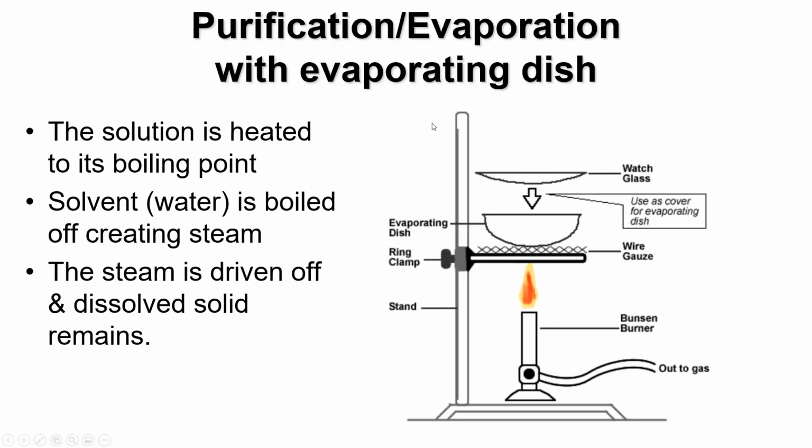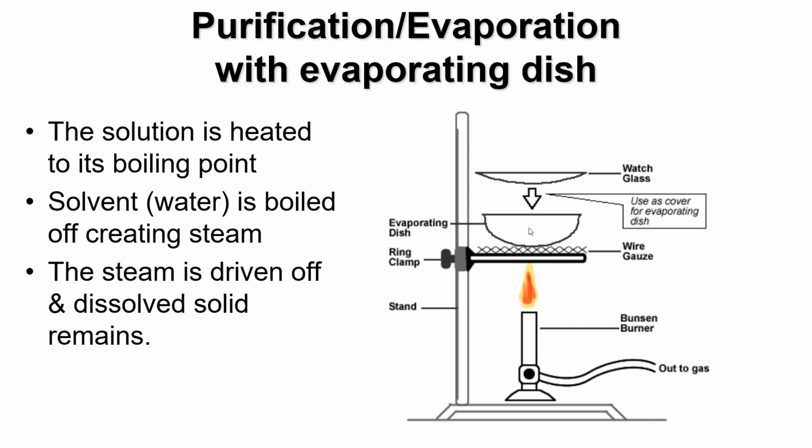Here is the setup for the use of an evaporating dish to isolate and recover a salt that's dissolved. You'll notice that we set up a ring stand, an iron ring, wire gauze, and then we set up the dish with a watch glass as a cover. You may be wondering why we would use the watch glass as a cover. Well, sometimes when you are evaporating the solvent from the solute in that solution, your solid particles actually pop up and bounce out of the evaporating dish.